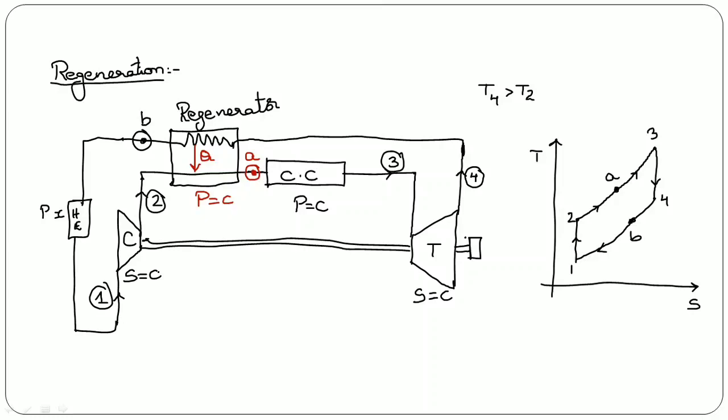So that's why the pressure ratio will be P2 by P1 or P3 by P4, because process 2 to 3 is constant pressure and process 4 to 1 is also constant pressure. In the heat exchanger and everywhere the pressure is kept constant.